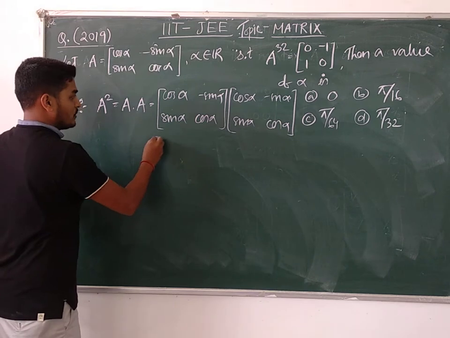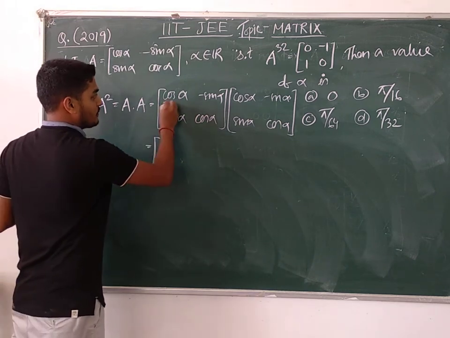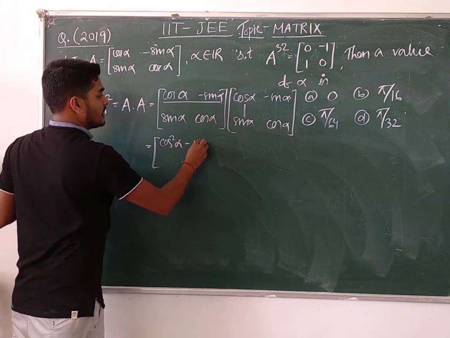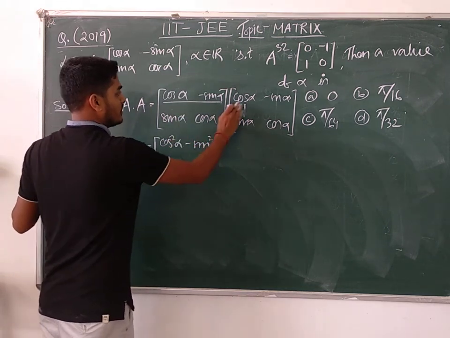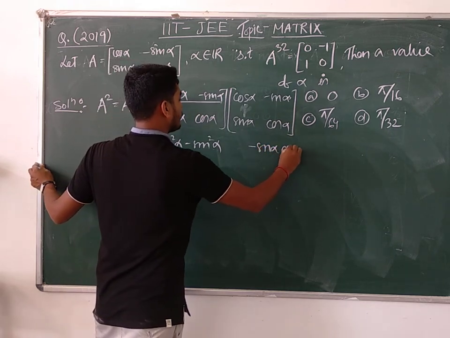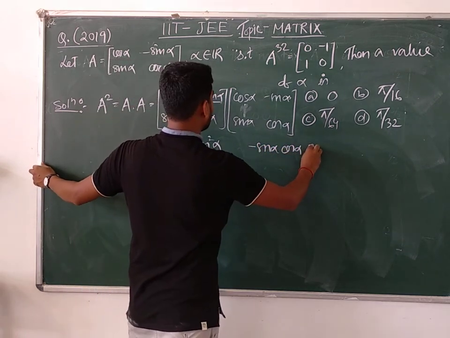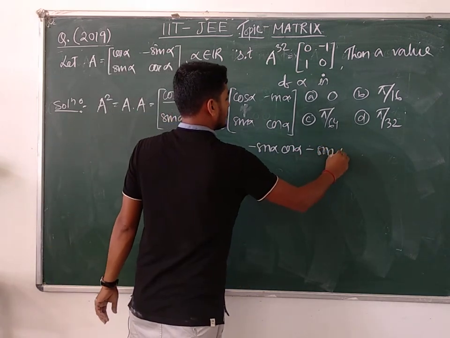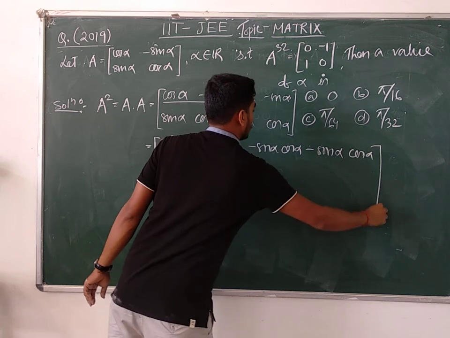If we multiply, then obviously we will get, in the first row, first column, cos square alpha minus sin square alpha. Then first row, second column, minus sin alpha cos alpha minus sin alpha cos alpha.